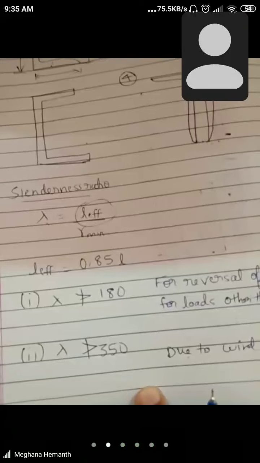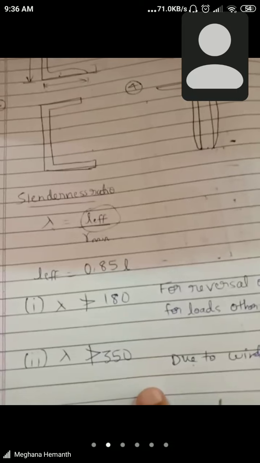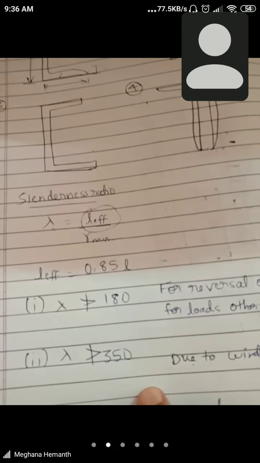That is the reason we give a higher margin of slenderness ratio for the reversal stress condition. This you have to know. In the question they may ask you to find the reversal of stresses, so you should know whether it is due to wind load or due to normal load, such as dead load and live load.